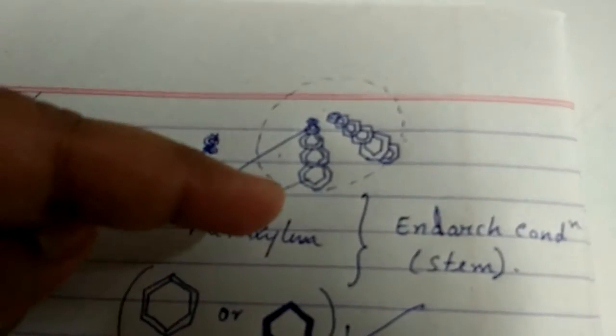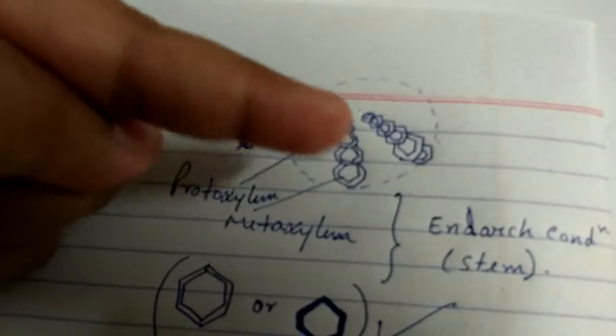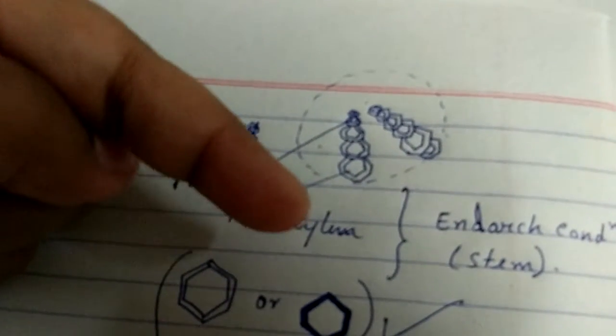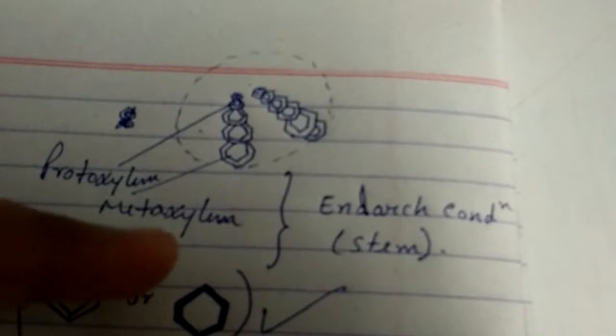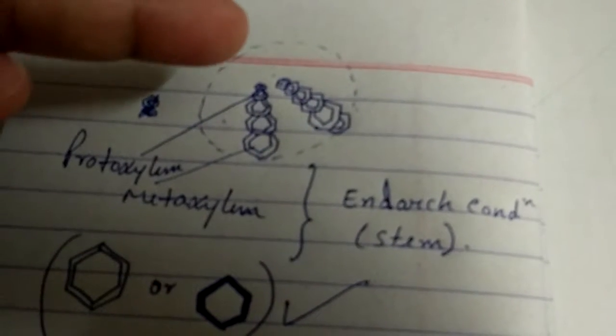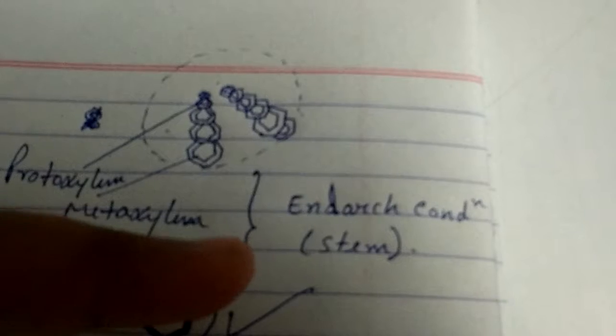I have drawn only two of them, protoxylem towards the center like this and gradually the size is increased towards the periphery to represent metaxylem, and this is the endarch condition found in stem. And if you reverse this arrangement, that is if you draw metaxylem towards the center and gradually the size decreases and you draw protoxylem towards the periphery, then it will be the exarch condition found in root.